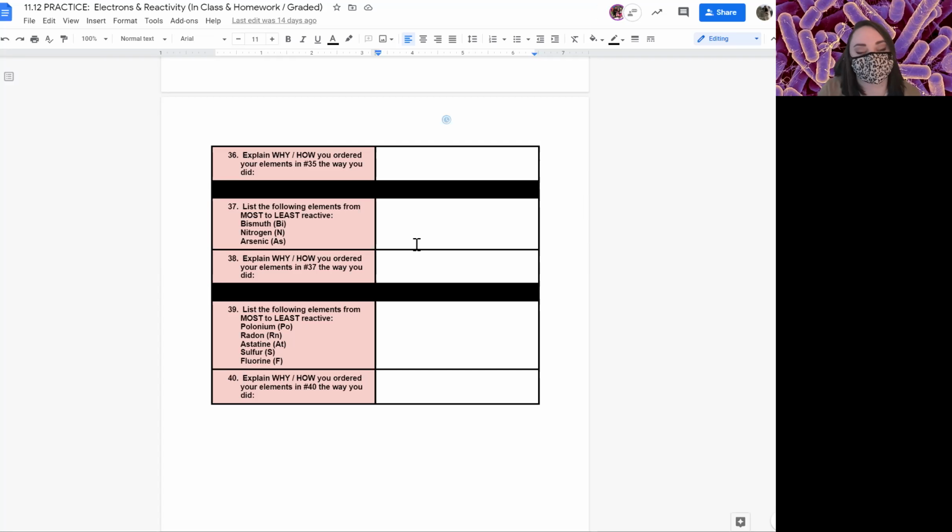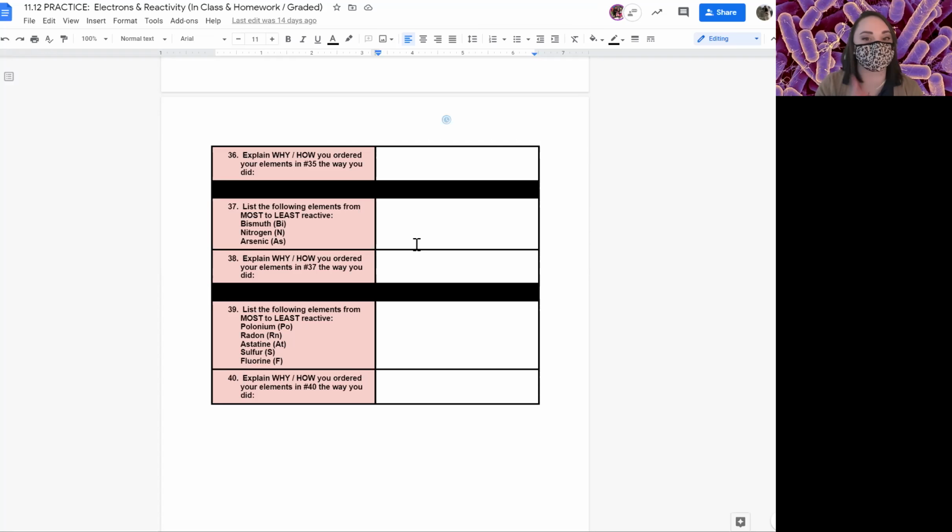Why is nitrogen the most reactive? Ah, very good, very good. So that's what Kobe said. Kobe said it's placement in the column.